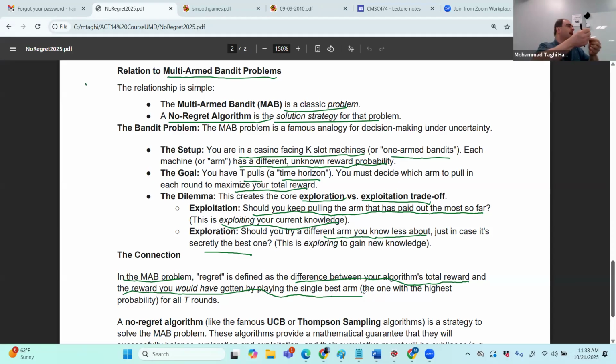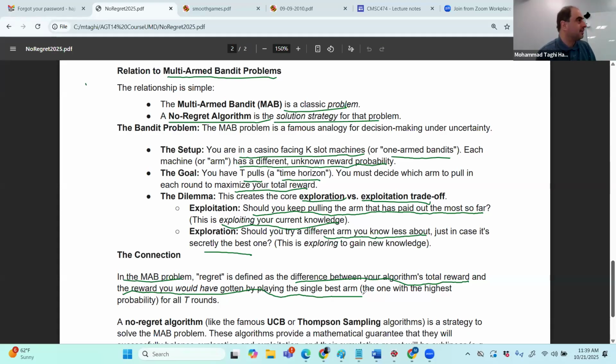Because the optimum can fool you. The optimum has the knowledge, especially if it knows about your algorithm and, say, your random bits. You can consider the optimum now as an adversary. The adversary is the same as the optimum in this case. It tries to fool you. Anytime you are about to select this one, it will make the other one the best thing. And you cannot compare with this.